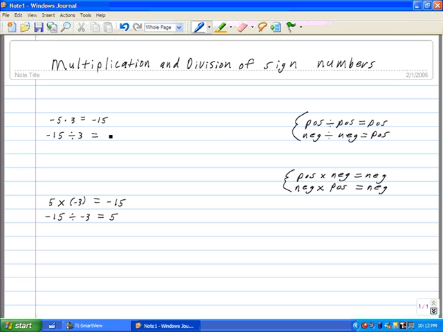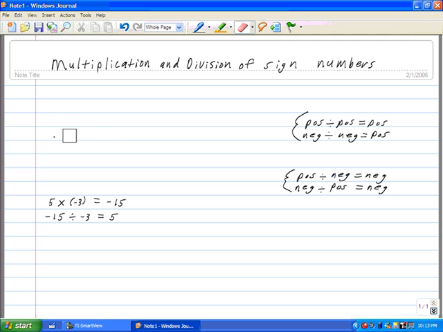Of course, our answer would be the negative 5. And we've just verified that when you divide one of each, you once again get a negative answer. So in essence, what we've just seen is that the multiplication rules and the division rules are absolutely identical. So you really just have one set of rules to remember, and you're completely taken care of on both of those operations.